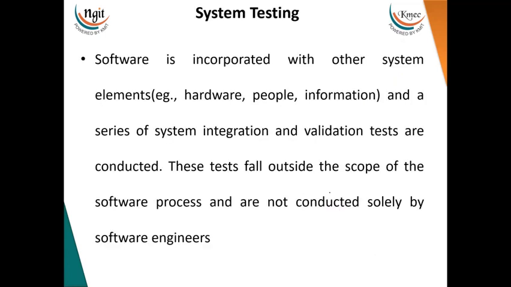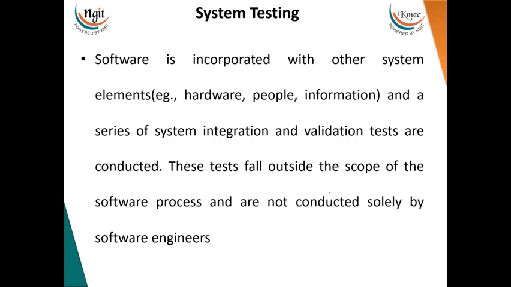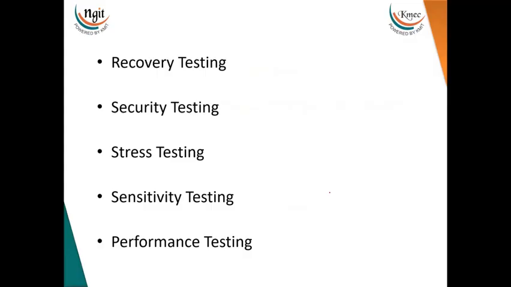The software is incorporated with other system elements and a series of system integration and validation tests are conducted. These tests fall outside the scope of the software process and are not conducted solely by the software engineers. Now the software is tested as a part of the full system. Under system testing, we have recovery testing, security testing, stress testing, sensitivity testing, and performance testing. We already discussed these.